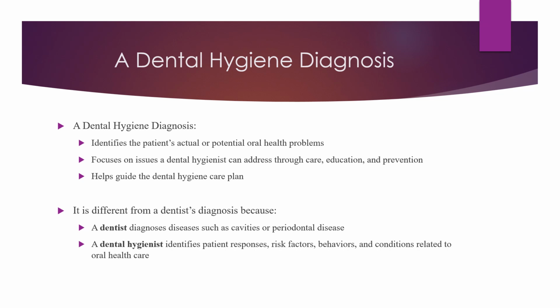For the dental diagnosis, the dentist comes in, and he or she is going to take a look at the clinical and radiographic information, and they're going to identify if there are any cavities, any fractures. They do diagnose periodontal disease, and then as dental hygienists, we identify any risk factors or any behaviors that are basically causing this.